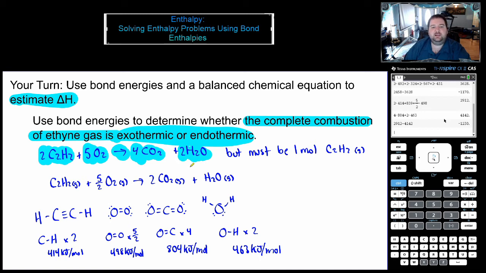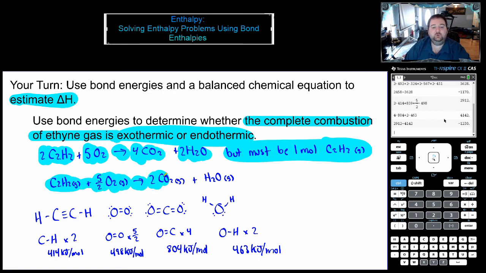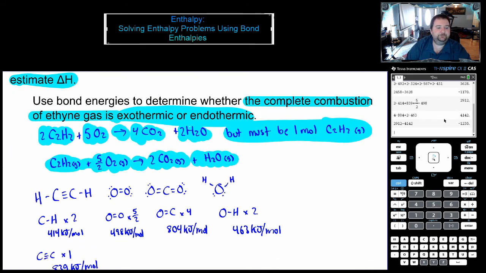But then you would have realized, okay, well, that's my balanced equation, but there's only supposed to be one ethine, because I'm only combusting 1 mole of ethine in my reaction. So you would have to reduce everything. So divide everything by 2 to get you C2H2 plus 5 over 2 O2 turns into 2 CO2 plus 1 H2O. And this is the reaction that we're going to be using, the mole to mole ratios, because we're only burning 1 ethine gas here.